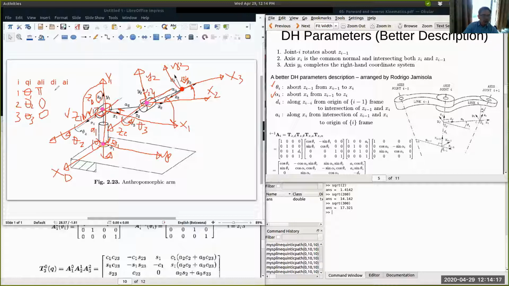Let's just say A1, so that it's not confusing.